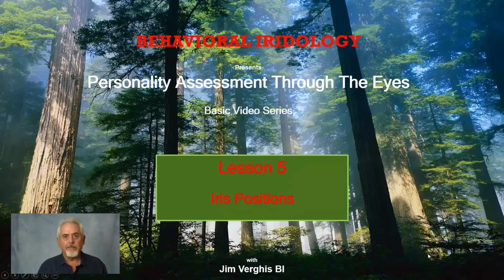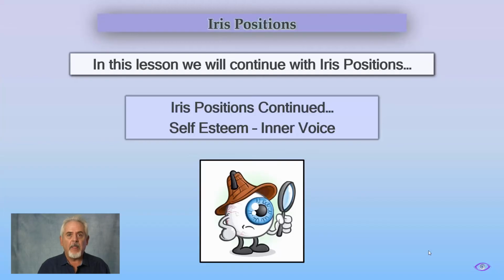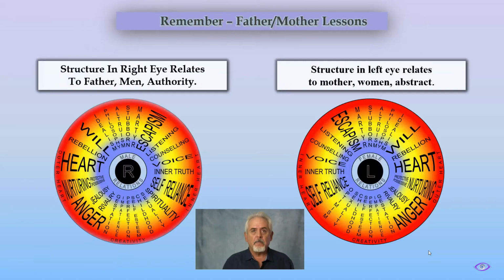No, a lesson is a lifetime experience that goes in layers and levels and layers and levels. All right, let's begin with lesson number 5, a continuation of iris positions. In this lesson, we'll cover the positions of self-esteem to the inner voice. And let's just review and remember that patterns in the right eye have to do with your father, men, authority, money, form, structure, police, banks, all of that stuff in the practical real world.